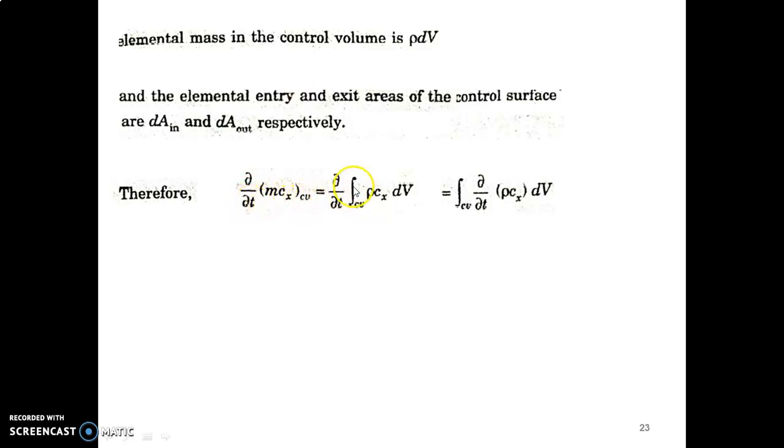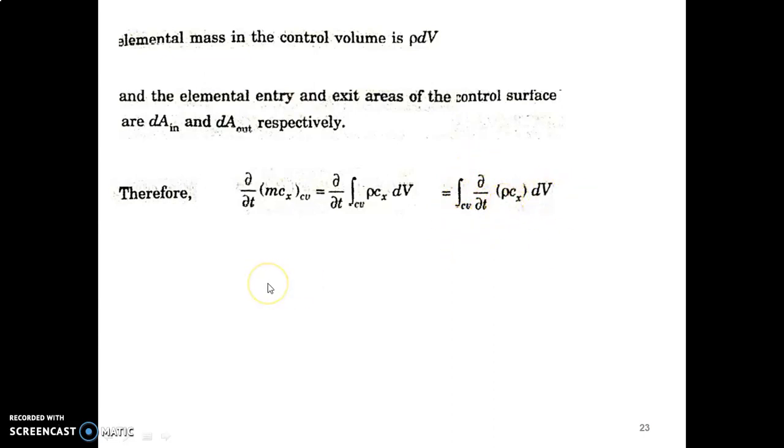We can write it in integral form, just like in the continuity theorem. Integral cv, this is mass into velocity. Mass can be written as density into volume, so rho dV into cx, so rho into cx into dV. Now we will take this partial derivative inside the integral. So integral cv dou by dou t of rho cx dV.